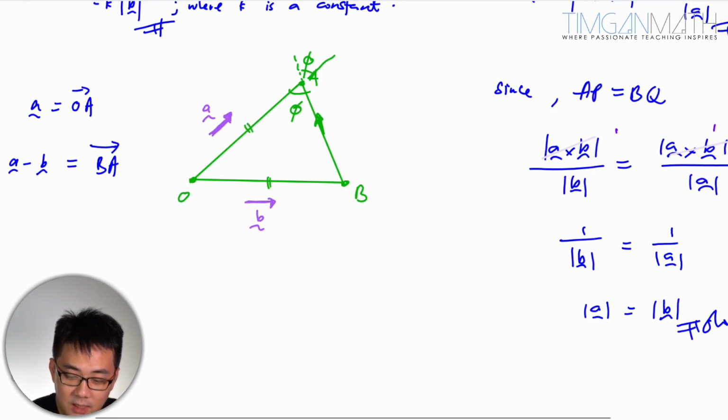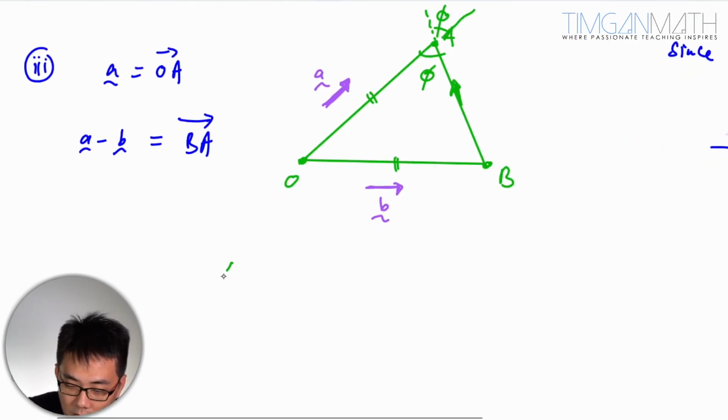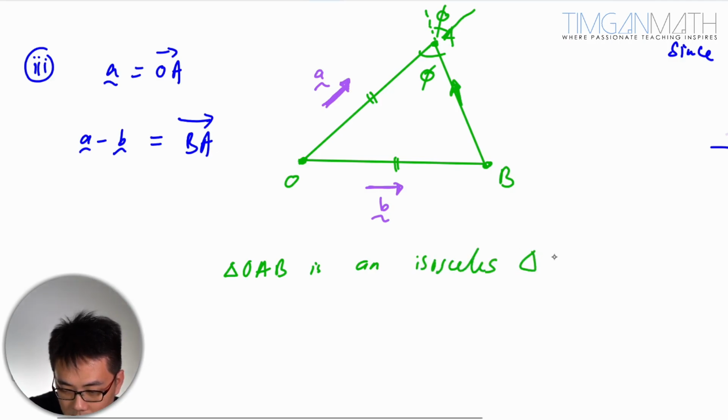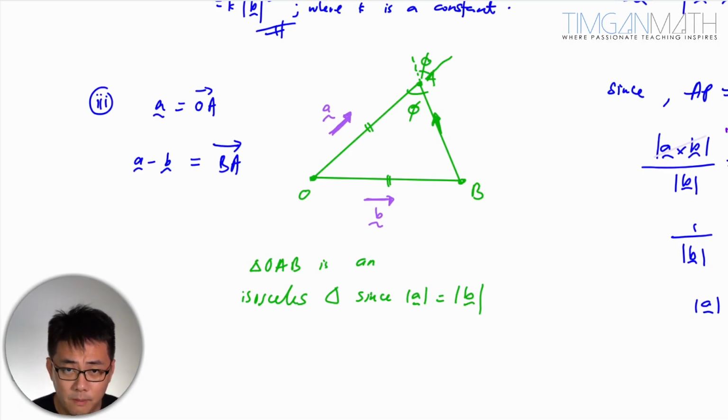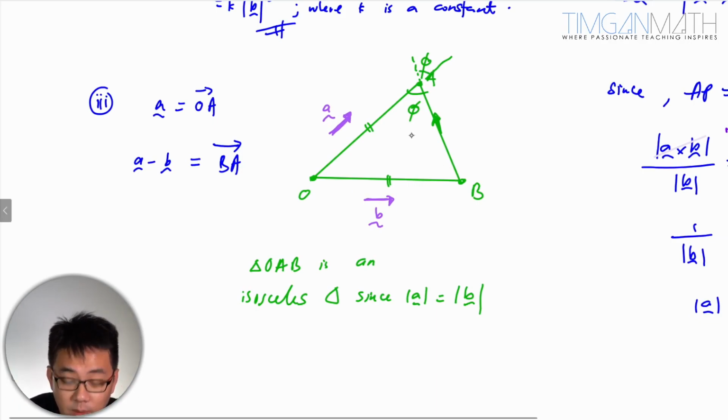Triangle OAB is an isosceles triangle since mod A equals mod B. This is damn shiok. This one would make life so much easier for us. Life is good.